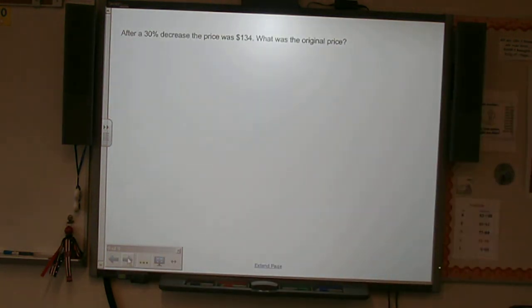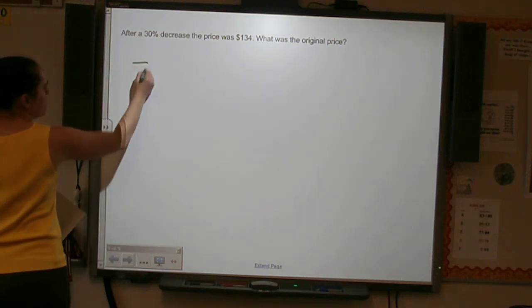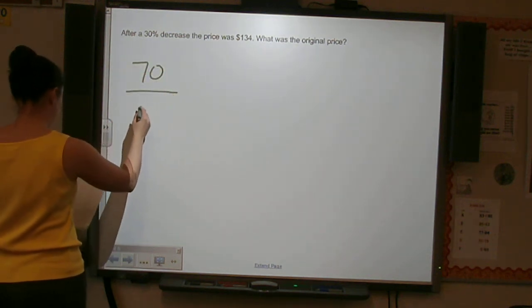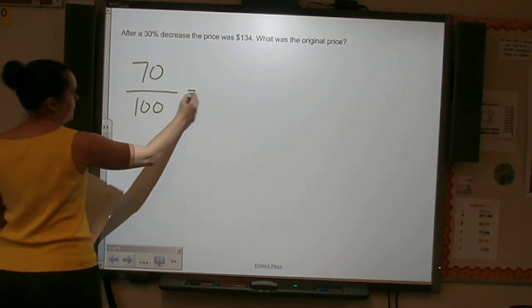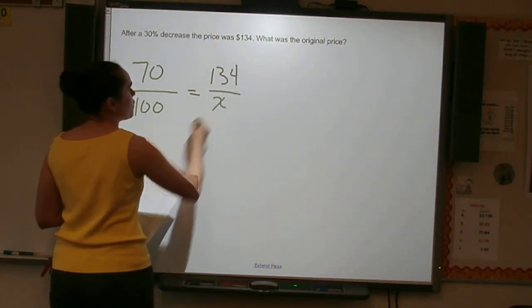Alright, after a 30% decrease, the price was $134. What was the original price? Now this one is a tricky one, okay? We've taken 30% off, okay, which means that 134 is 70% of that original price, okay? So using method B, we have 70 over 100 is equal to 134 over x, our part over our whole.